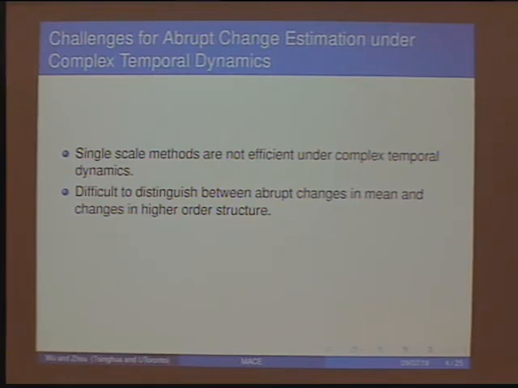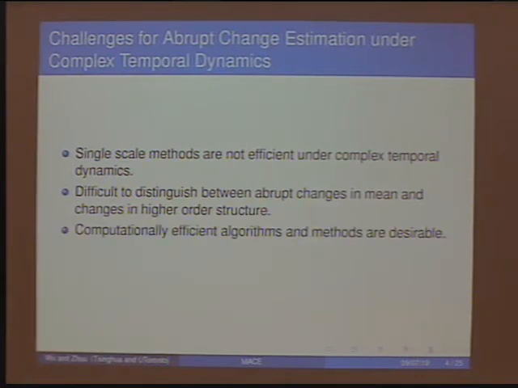From our simulation studies, we found that a lot of change point detection methods will detect the wrong number of change points once you add non-stationarity in your covariance. A lot of times that's happening. So it's a very important task for us to think about how to distinguish change points in the mean from change points in the higher order structure of the time series.